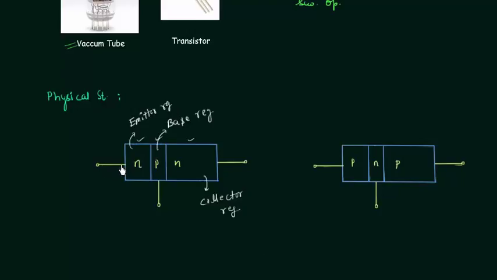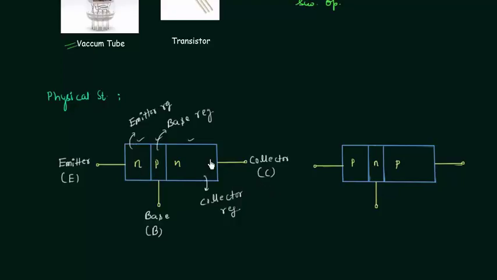The terminal connected to the emitter region is called as emitter terminal, or simply emitter, and it is represented by capital E. The terminal connected to the base region is called as base terminal, or simply base, and it is represented by capital B, and this terminal is called as collector terminal, or simply collector, represented by capital C.